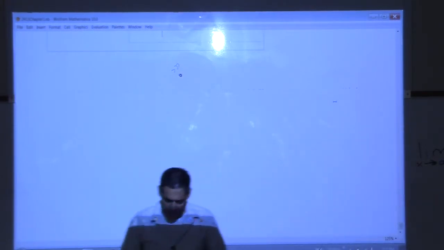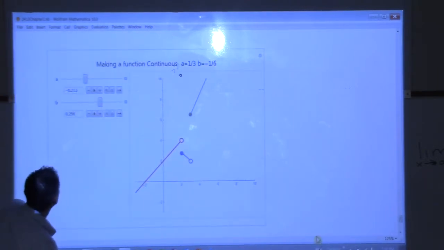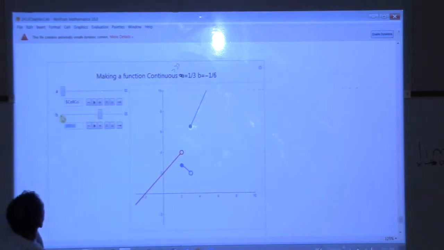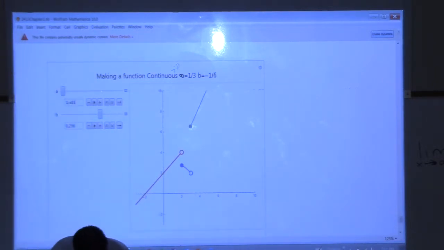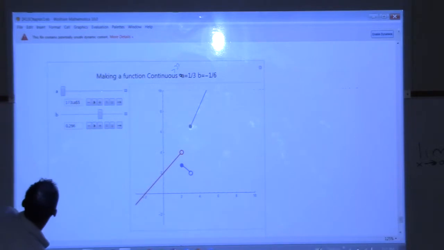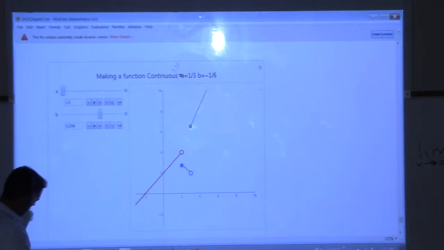Okay, so we said if A was 1/3? 1 divided by 3. And then this one needs to be -1/6, -1 divided by 6.